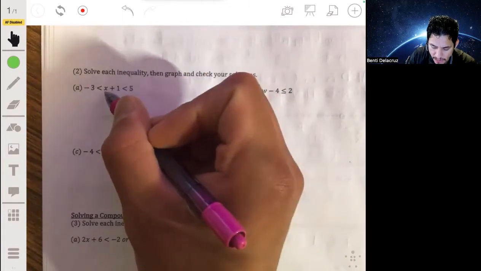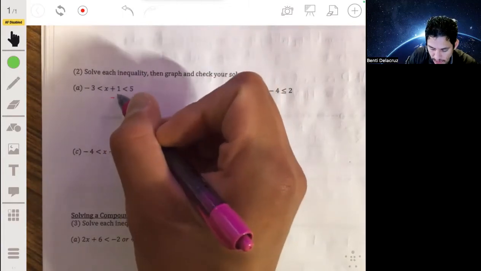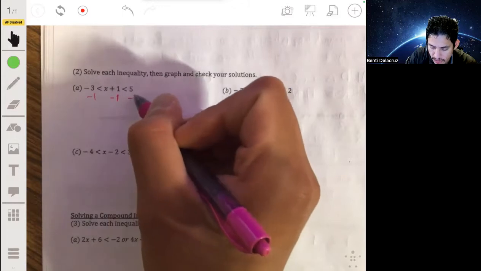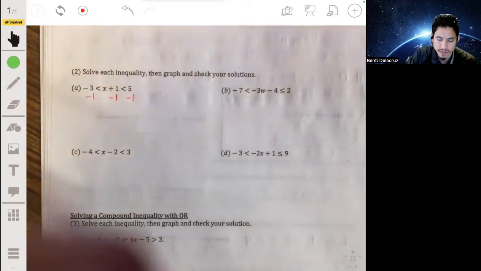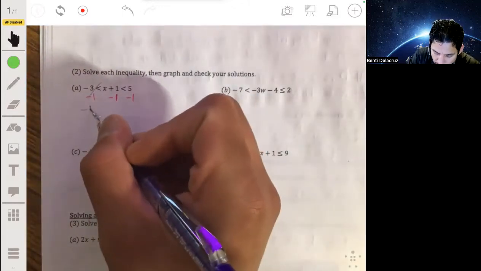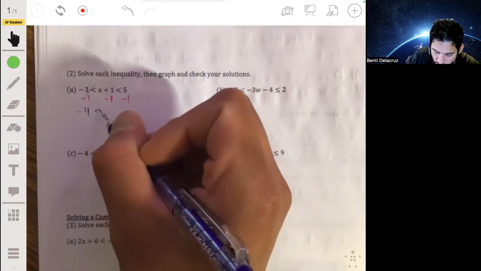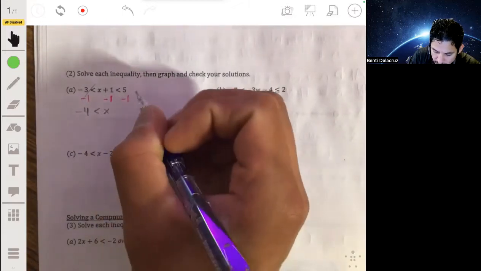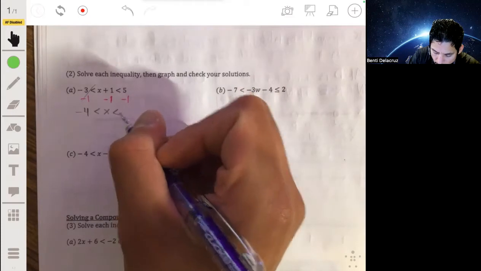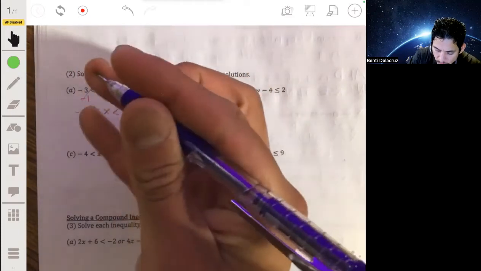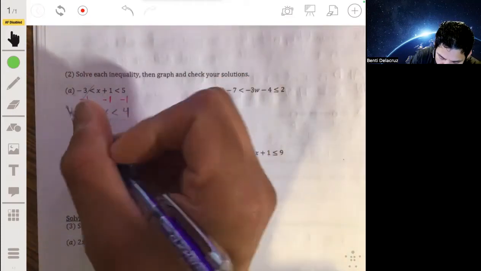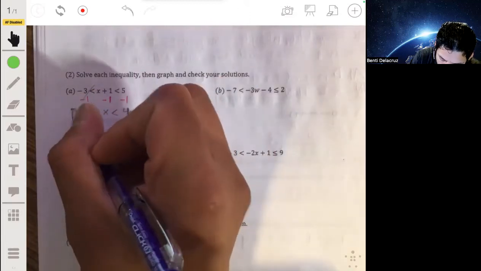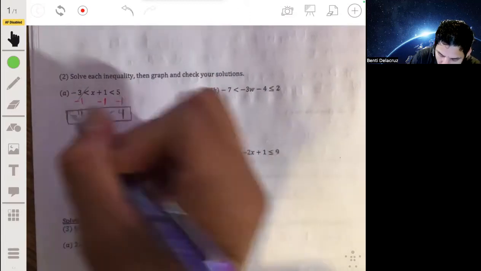We want to get x in the middle, or keep it in the middle. So we're going to take away 1 from all 3 parts, so to speak. So then you get -3 minus 1, -4 is less than x. 5 minus 1 is 4. So then we have that x is more than -4 and it's also less than 4.